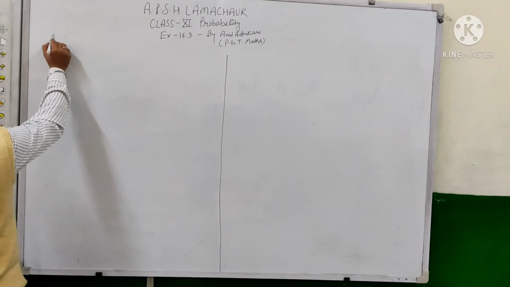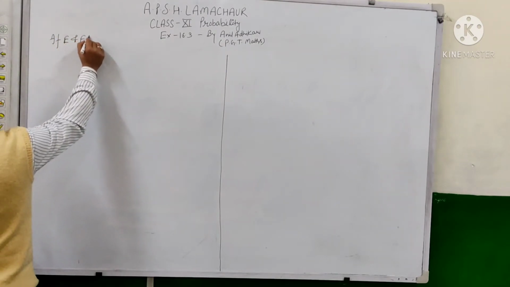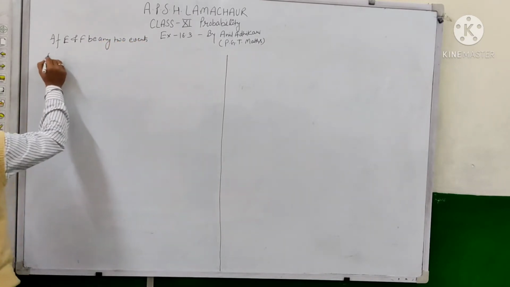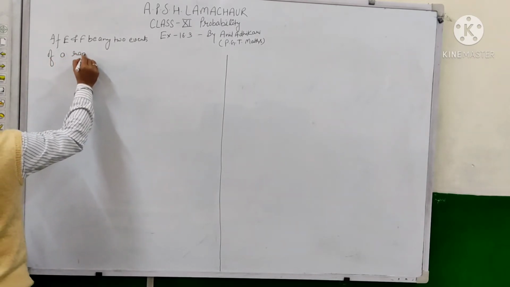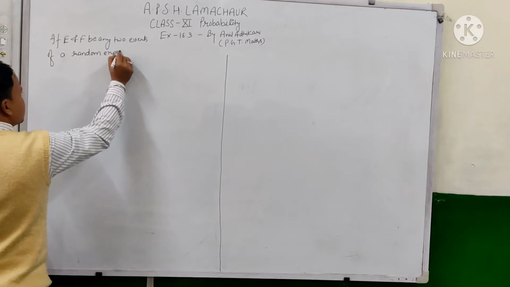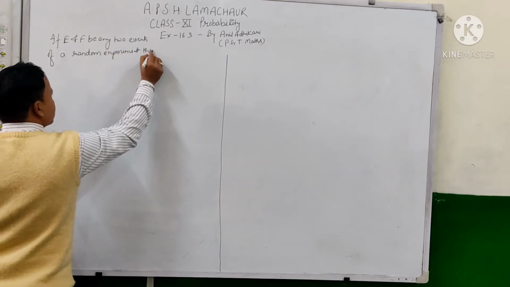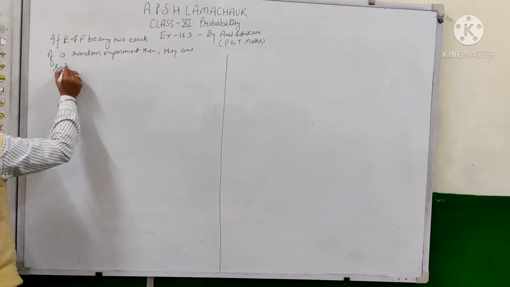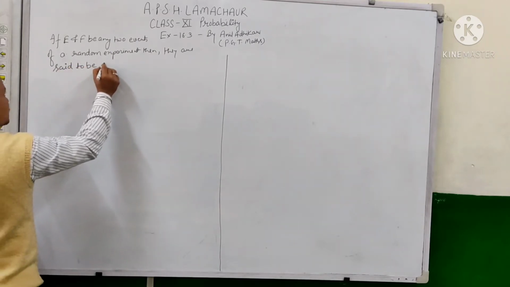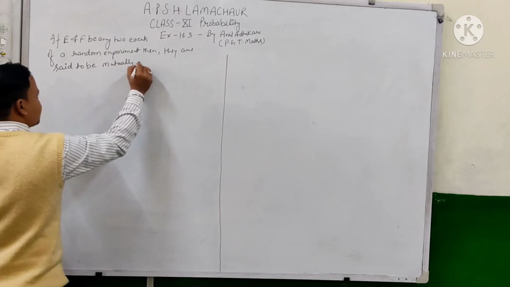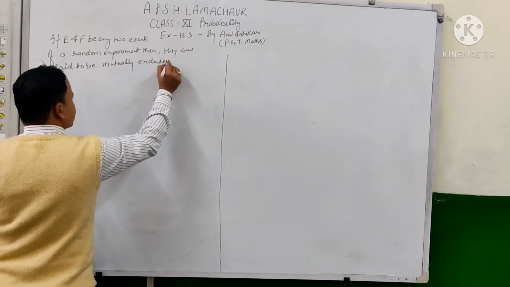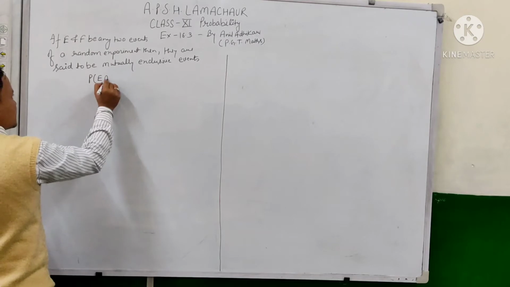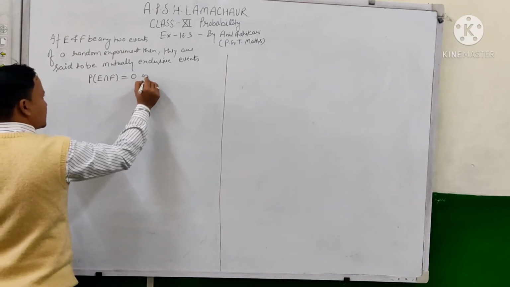It means if E and F are any two events of a random experiment, then they are said to be mutually exclusive events if and only if the probability of E intersection F is 0, or you can say phi.